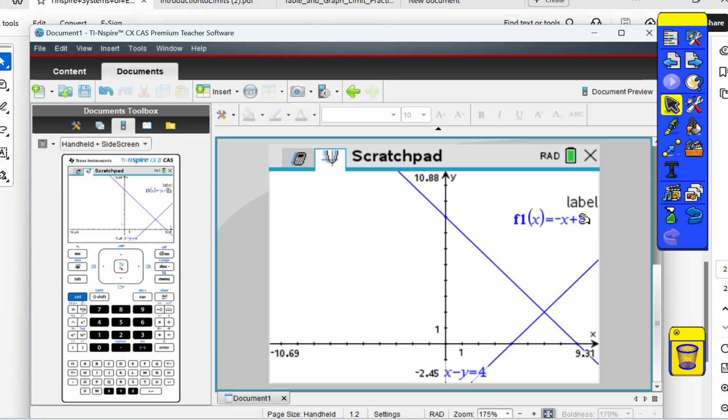You can actually stay in relation the whole time. You can type in y equals every time if you don't want to have to switch between f of x and relation mode. I'll go through it up here slow if you're stuck.